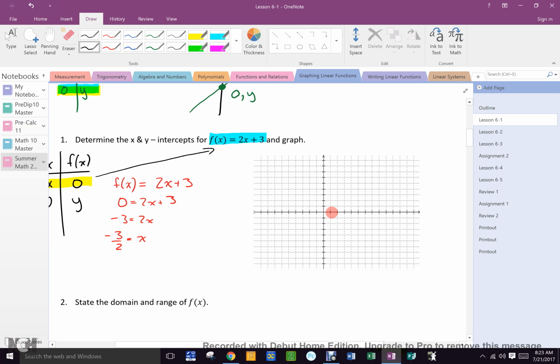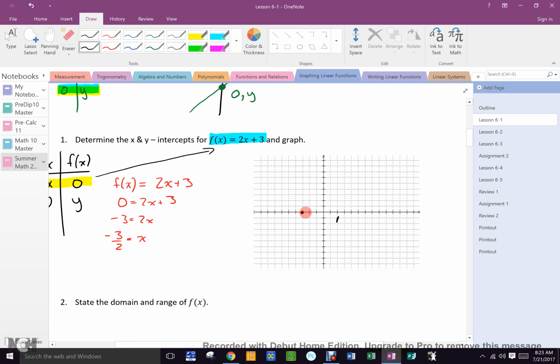So I'm going to make 2 squares equals 1. What does that mean 1 square equals? A half. And I need to go to negative 3 halves on the x, don't I? So that would be out 1, 2, negative 3 spots. Does everybody understand what I have done?